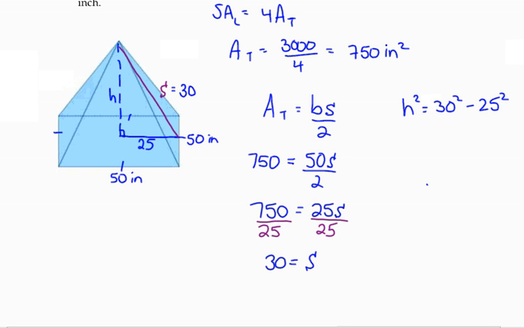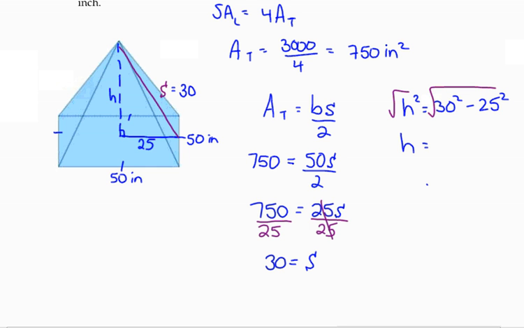Questions? Does that make sense? We were solving for slant height, so this way it gave us S by itself. Okay, and square root both sides. So type that into your calculator and we get our final answer.